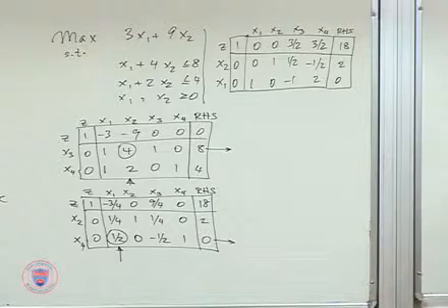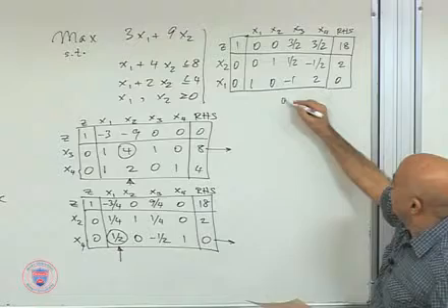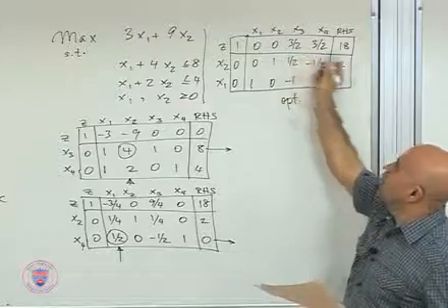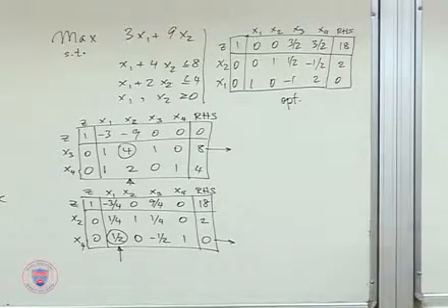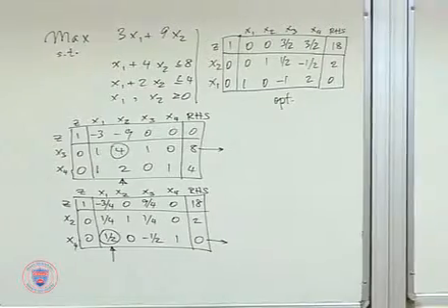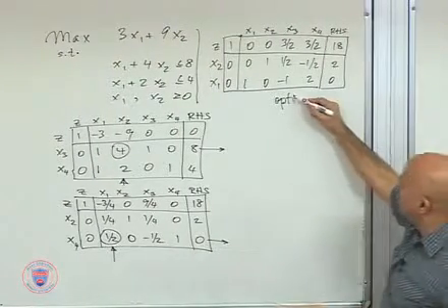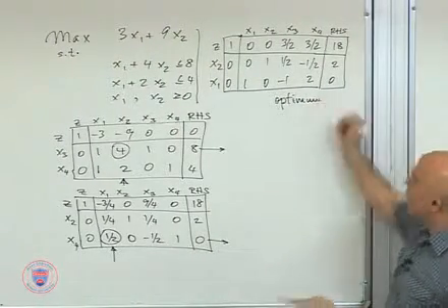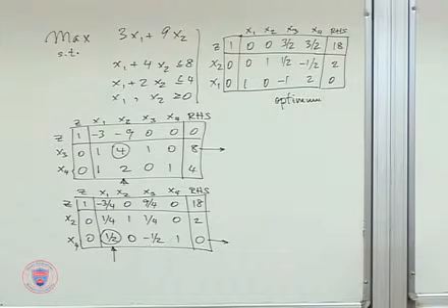That's the new Tableau. And there's no reduced cost at the top row that is negative. So this is the optimum solution. Optimum basic feasible solution.